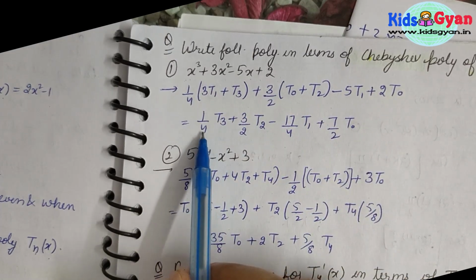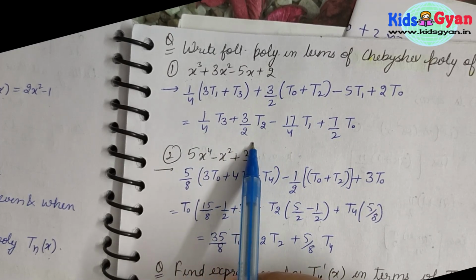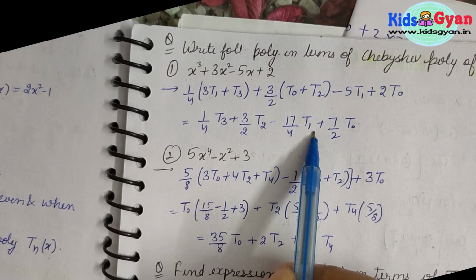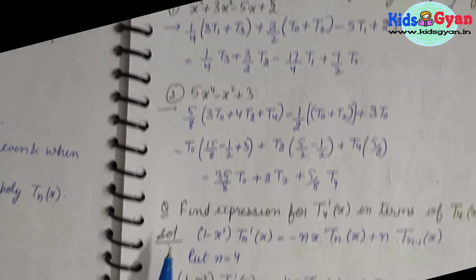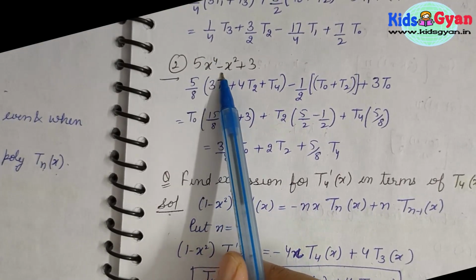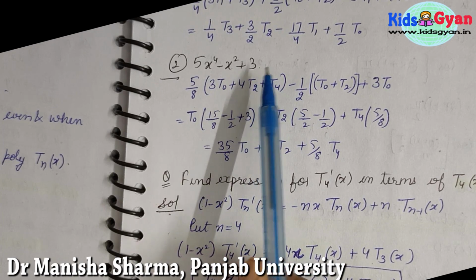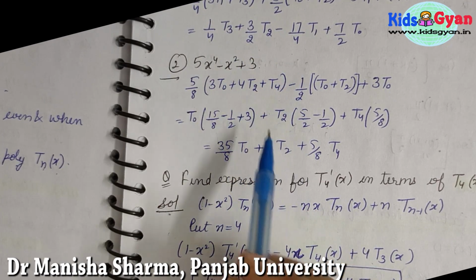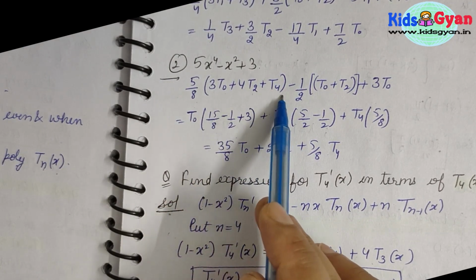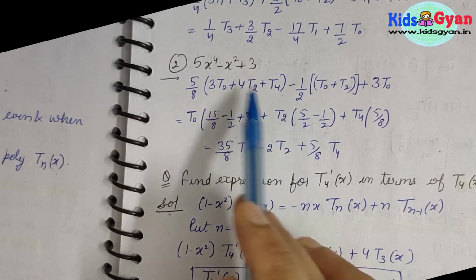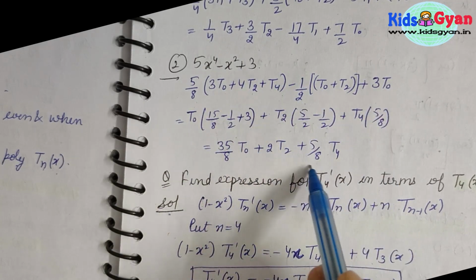Solving this, we get 1 by 4 T3 plus 3 by 2 T2 minus 17 by 4 T1 plus 7 by 2 T0. Next, 5x to the power 4 minus x squared plus 3. This is also a polynomial, and if we write it in terms of Chebyshev polynomials, we get 5 by 8 (3 T0 plus 4 T2 plus T4) minus 1 by 2. We put all these values of x4 and x squared in here, and we get this.